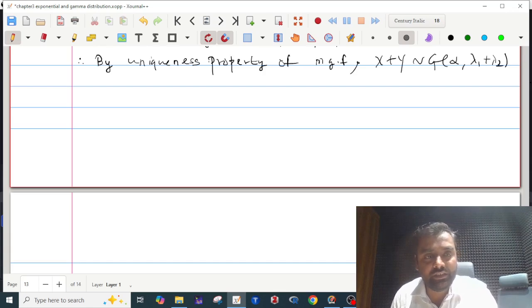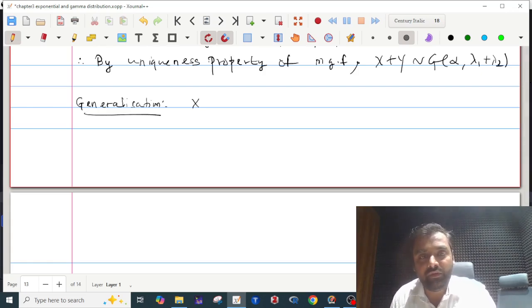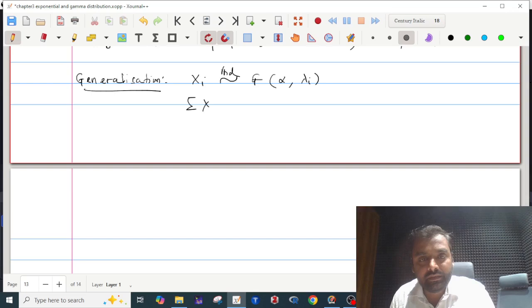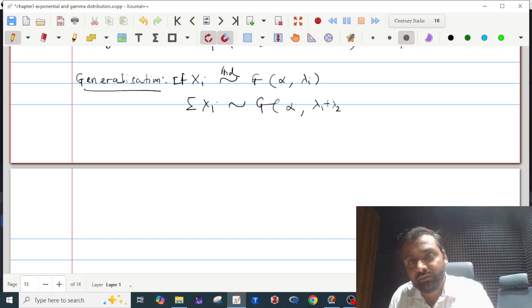Now let's see its generalized version. We can generalize this result: if Xi are independent gamma random variables with parameters alpha and lambda i, then summation Xi follows gamma distribution with parameter alpha, which is fixed, and lambda 1 plus lambda 2 plus and so on.